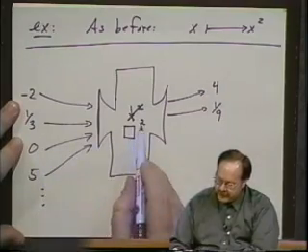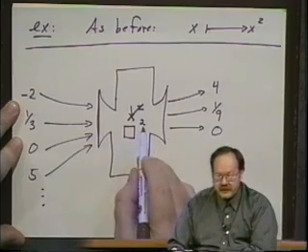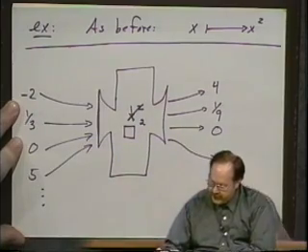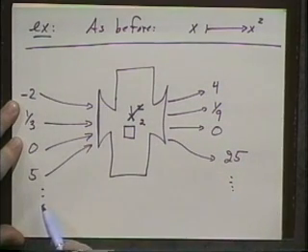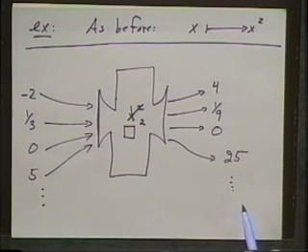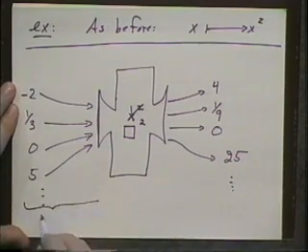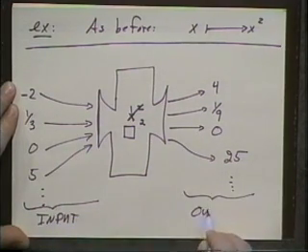The 0 goes into the box, gets squared, and comes out as itself, 0. The 5 goes into the box, gets squared, and comes out as 25, 5 squared. And of course, the infinite number of numbers going in will result in an infinite number of numbers coming out. So there's one way to visualize this function. Again, this side over here is the input side, and this side over here is the output side.